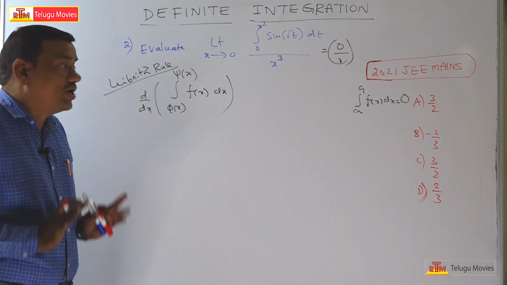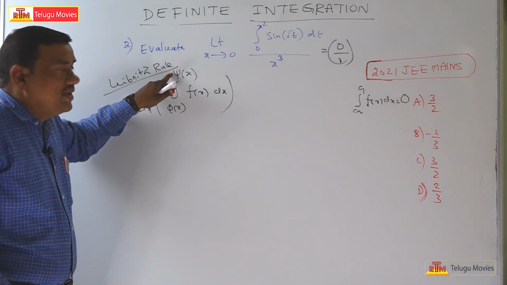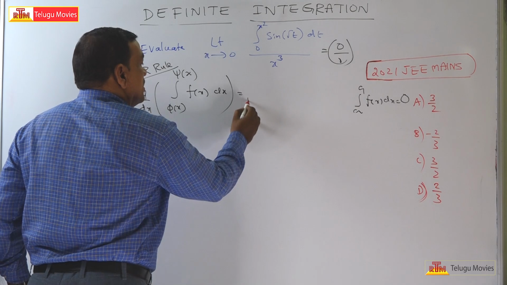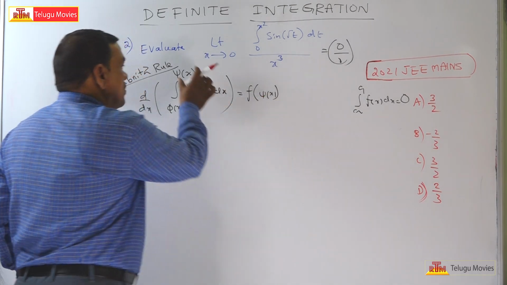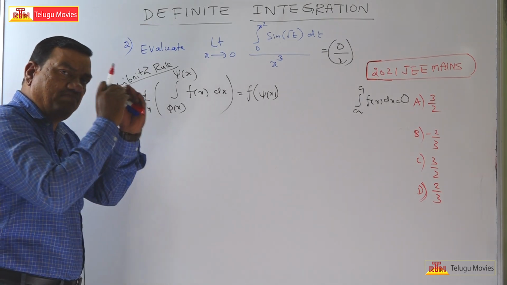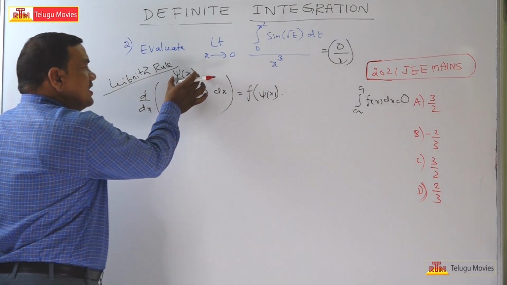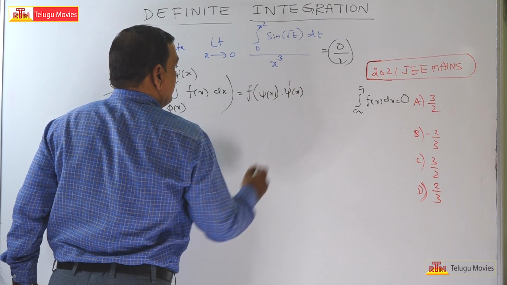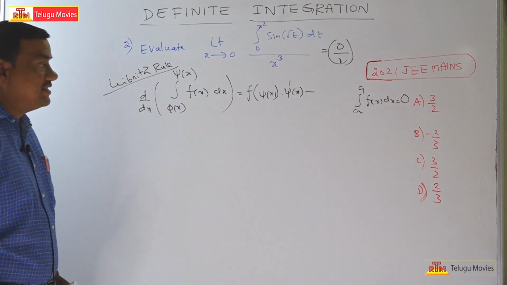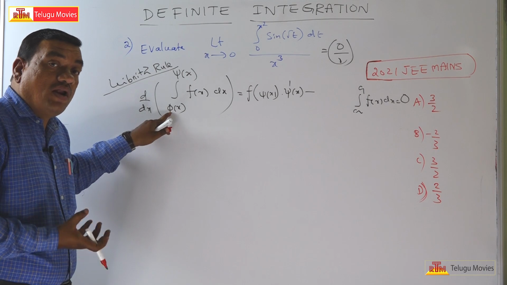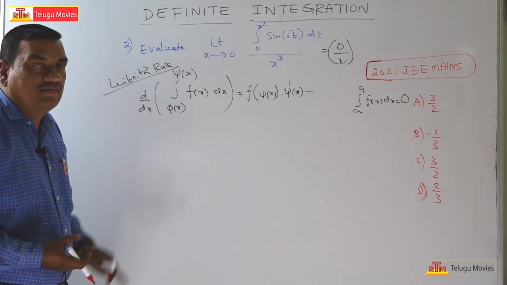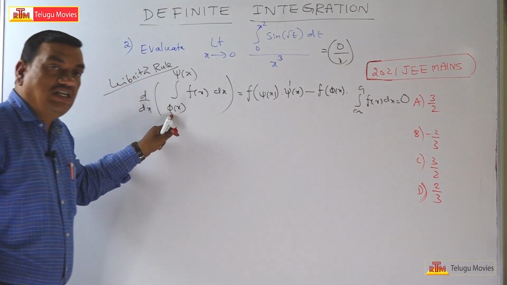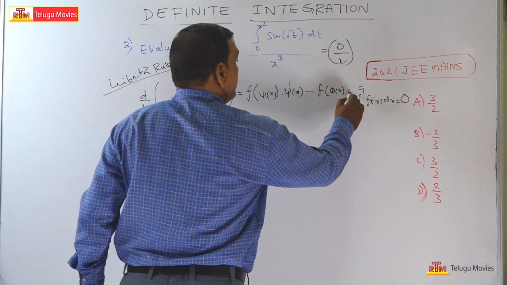First, whatever may be the upper limit function, you substitute in this function, that is f of phi of x, into the derivative of the upper limit function, that is phi dash of x, minus whatever may be the lower limit function, you simply substitute in that, into its derivative.